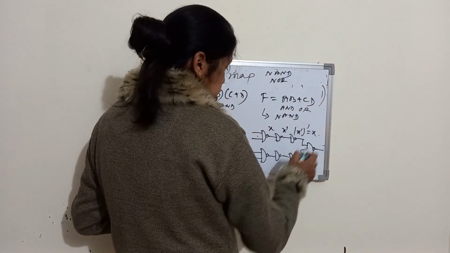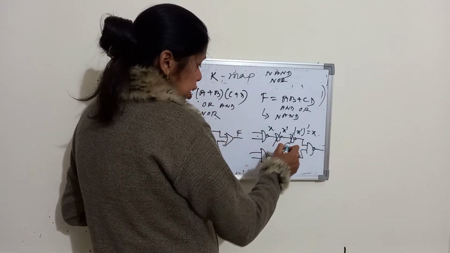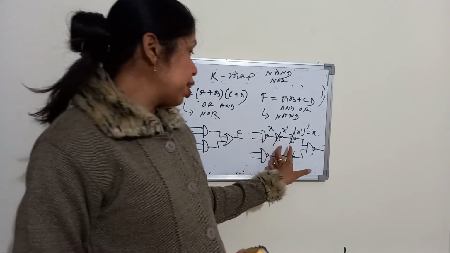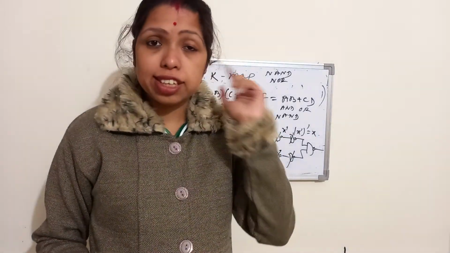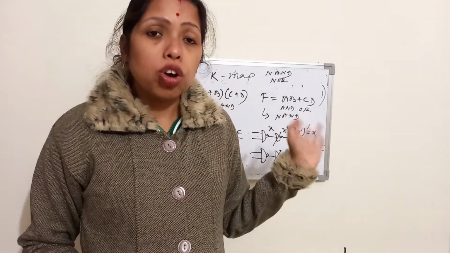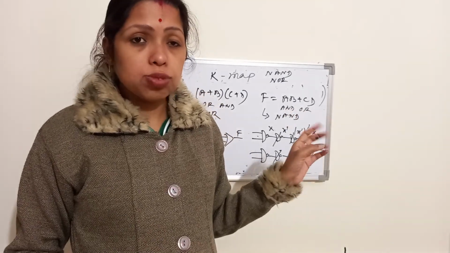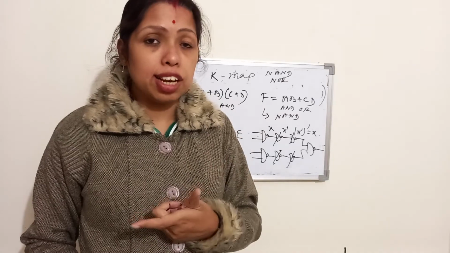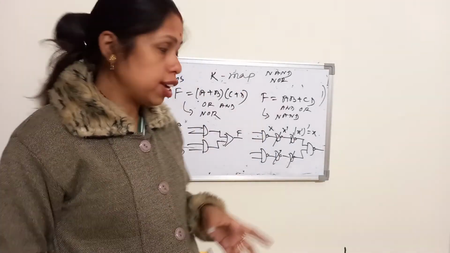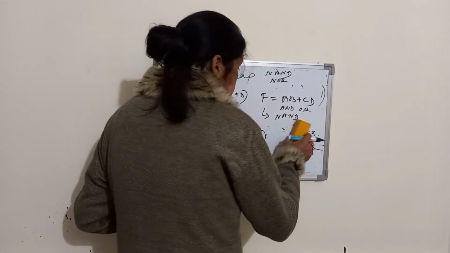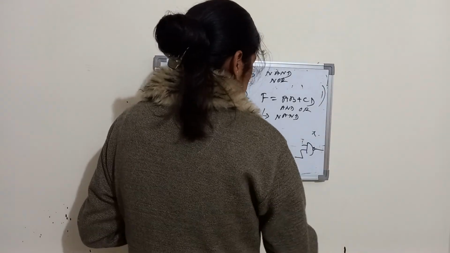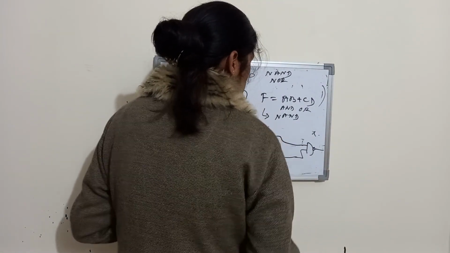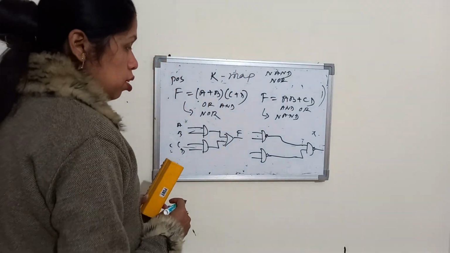That means it is also X. So you can cancel these gates. So if you have two consecutive NAND gates with a single input, you can cancel those NAND gates. For NOR gate also, if you have two consecutive NOR gates with single inputs, you can cancel those NOR gates. Right? If you cancel, so you get this one. Right?